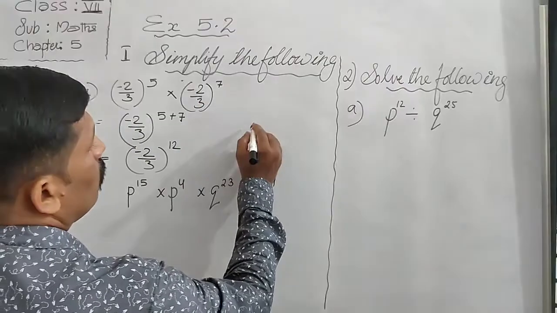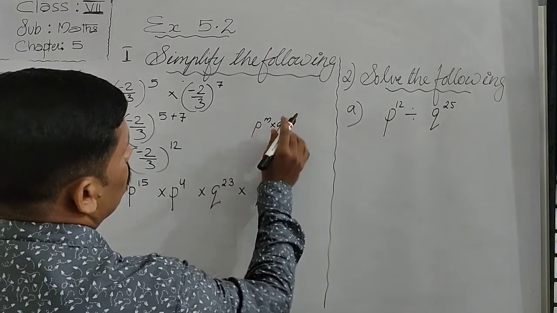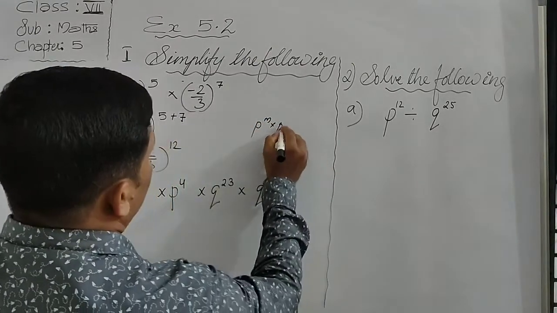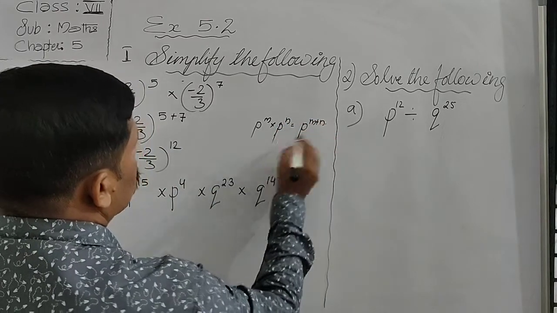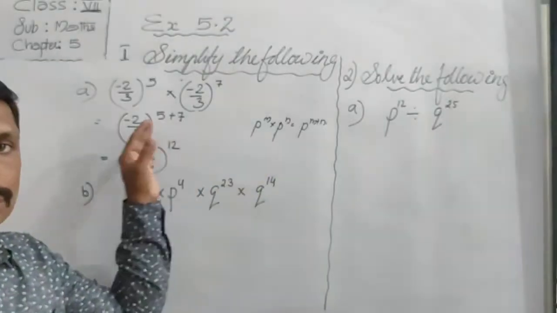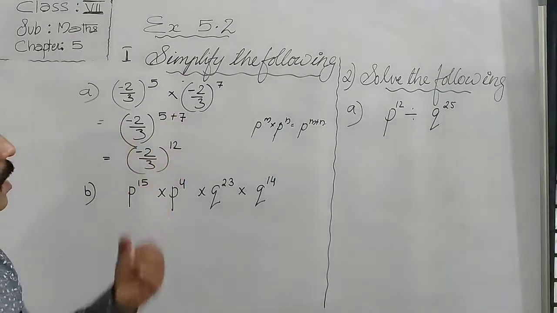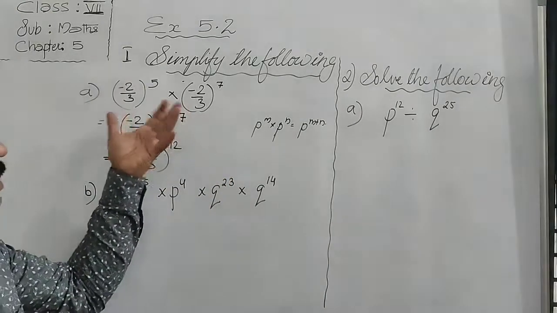We can write the rule here on one side, p power m into p power n is equal to p power m plus n. This is the rule. It is not necessary that you write the rule which is used here. You can do without writing the rules also, but you must follow these steps.